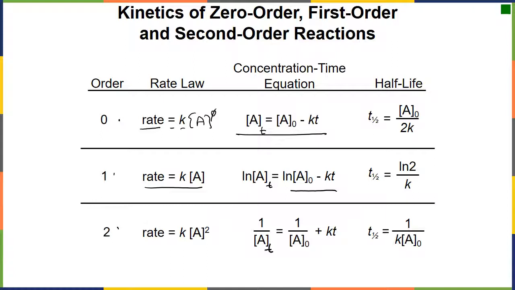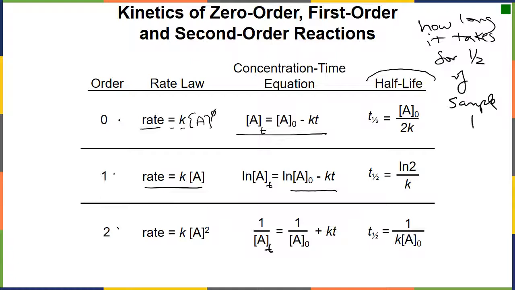And we have one more thing to consider, the half-life. Half-life is by definition how long it takes for half of the sample to decay or react. That is our half-life.